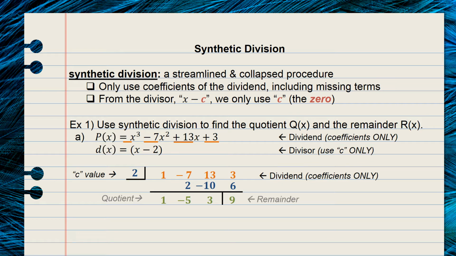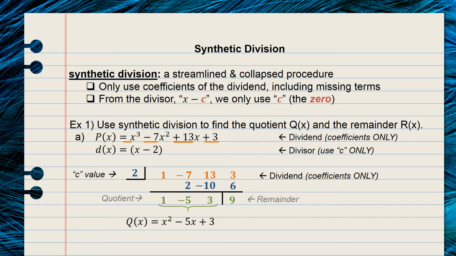Well, from our quotient, we have divided out a factor of x minus 2. Since we started with x cubed, we have divided out a single x factor from it, which means the quotient has been knocked down a bit. It's no longer x cubed, it's now x squared. And so these are our coefficients. It'll be x squared minus 5x plus 3.